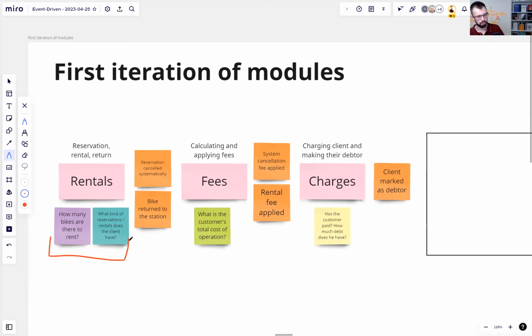So probably one of the first things that you can do here, if you don't want to go with such big modules, is to do a more modular split in the beginning. So maybe you have reservations in a separate module, then you have returns in a separate module, and so on and so on.